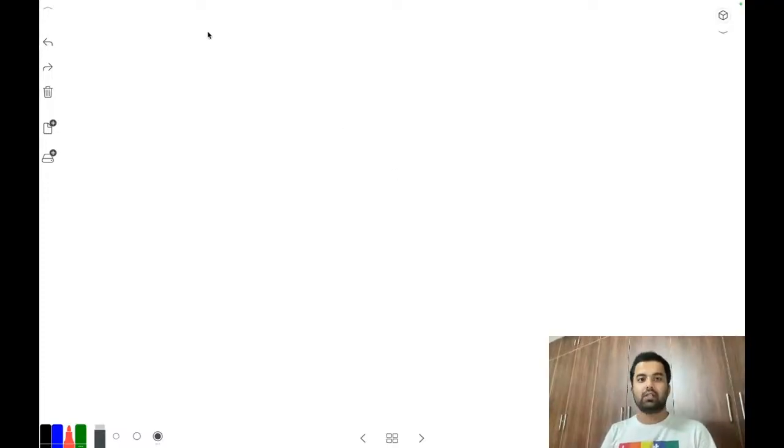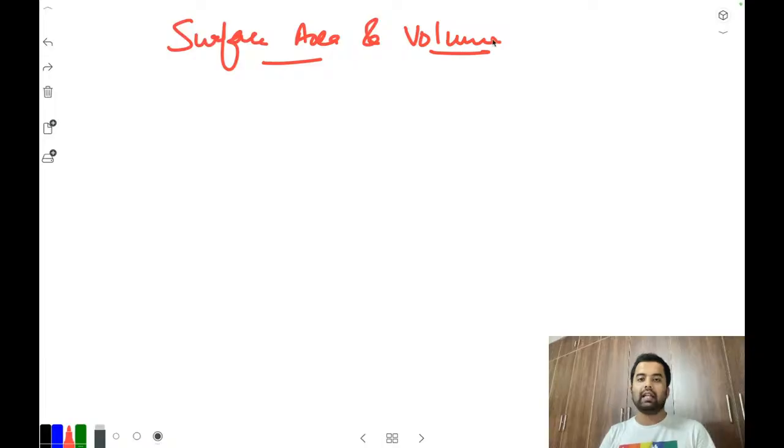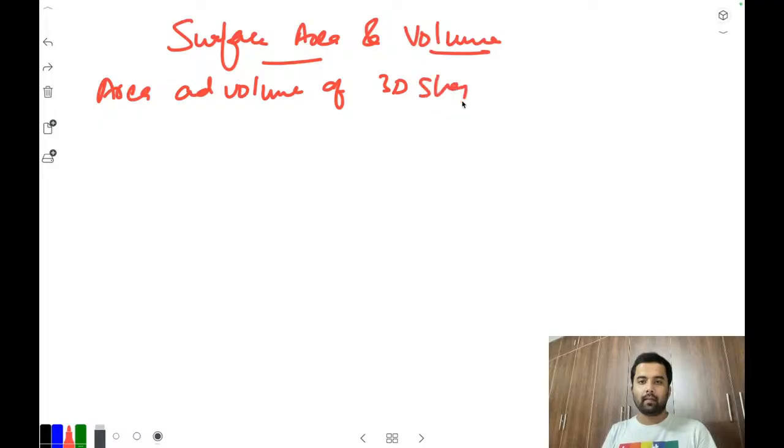Today, the thing which we will discuss is surface area and volume. But before starting the PYQs, we'll mention the previous parts, whatever we had in grade 9. In this particular chapter, we have to talk about the areas and volume of 3D shapes, which means we'll discuss the cube, which will be shaped like this.